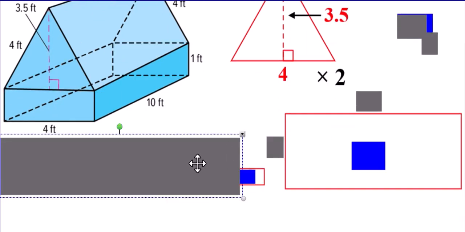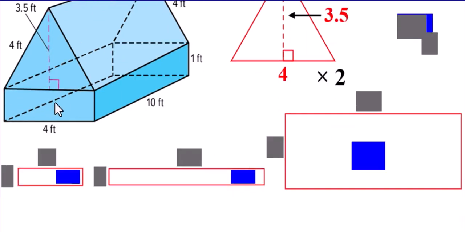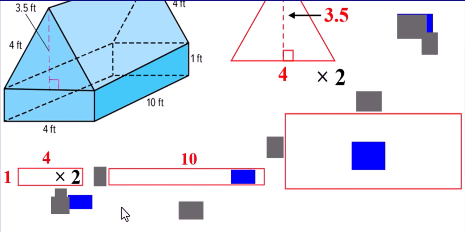We have some really skinny rectangles. We have the one here in the front, which would match the one in the back. So there's 2 of them. They are 4 feet long and only 1 foot tall. Then we have the skinny rectangle on the right side and the back left side. They are 10 feet long, still only 1 foot tall.